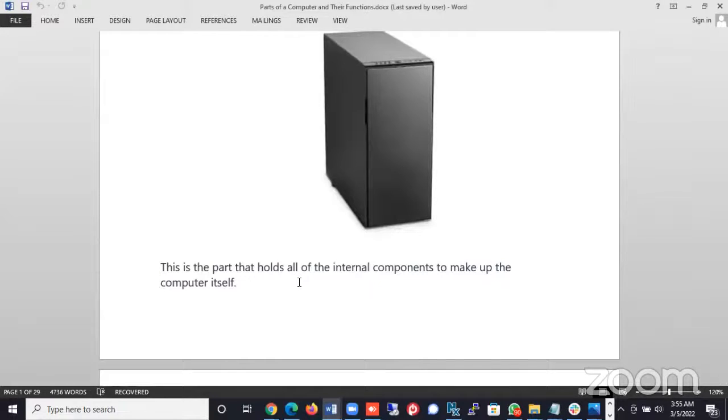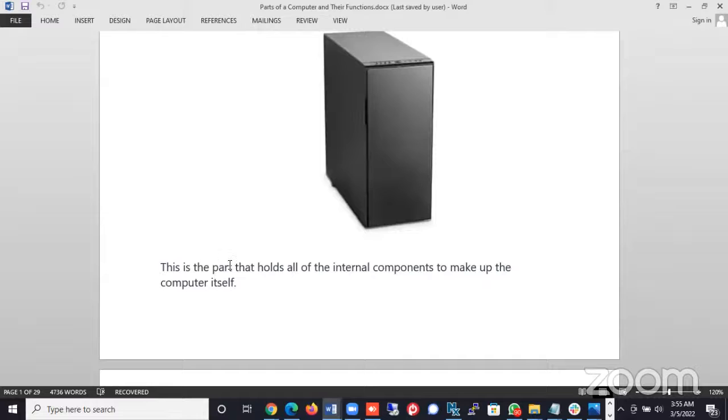Right now, where you are, if you look at the tower, the case, some cases are bigger than others. Some people have a small tower, some people have a big tower, right?